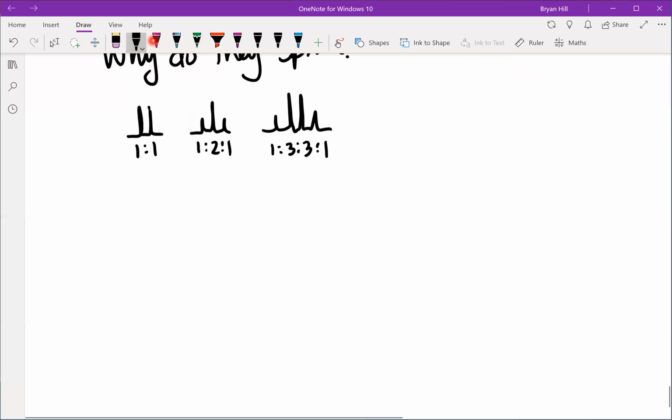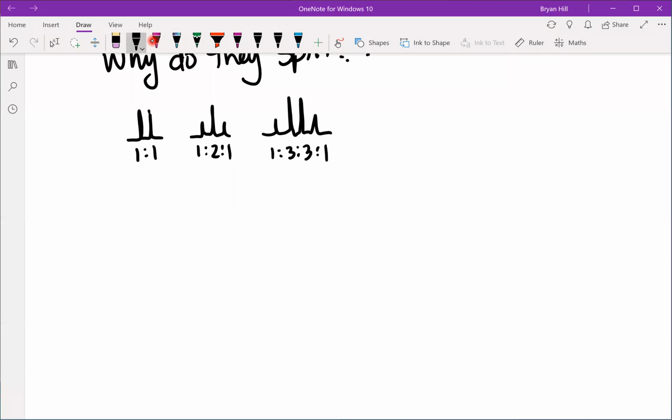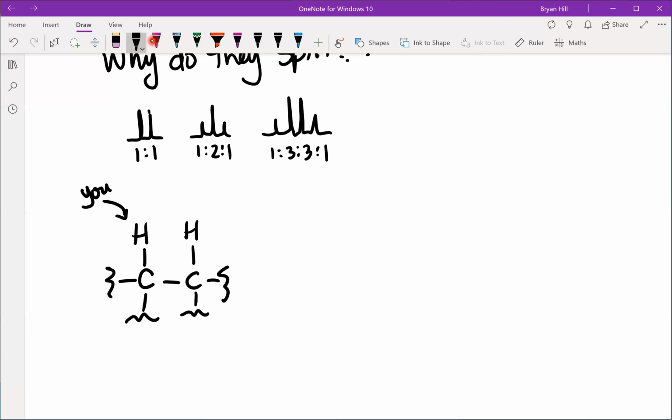Okay, so let's pretend that you are a proton. So this is you. And you have got a proton over here on the carbon next to you.